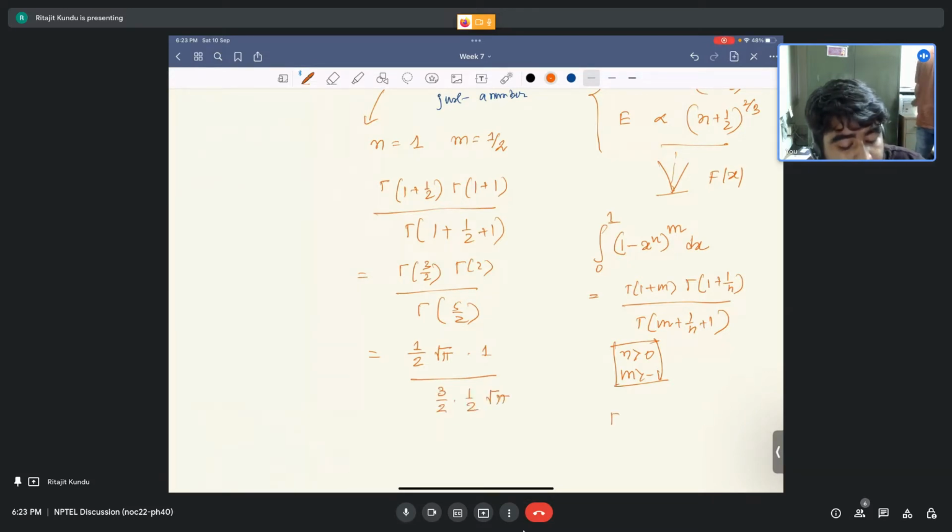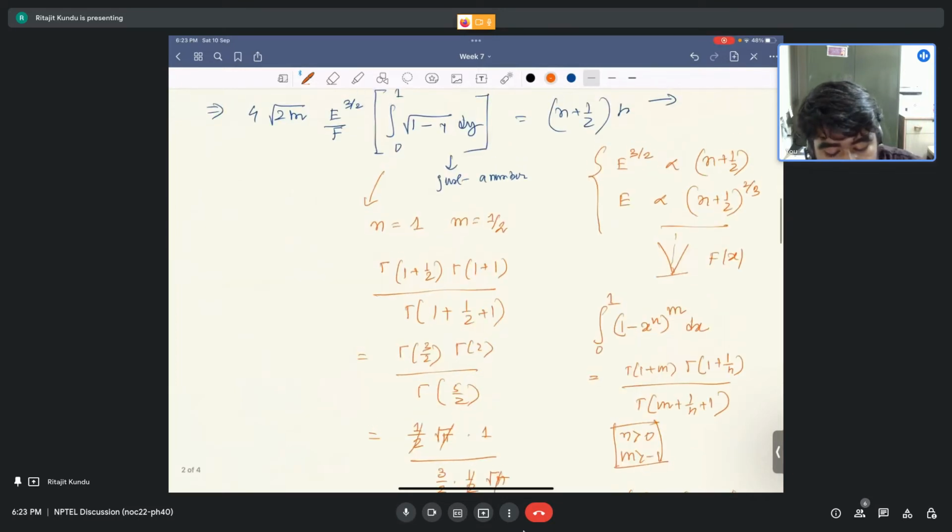Here I am using the fact that gamma z is (z minus 1) factorial, and gamma half is square root pi. You can cancel a few things from bottom and top, and you are left with 2 by 3. So this whole integration will just give you 2 by 3.